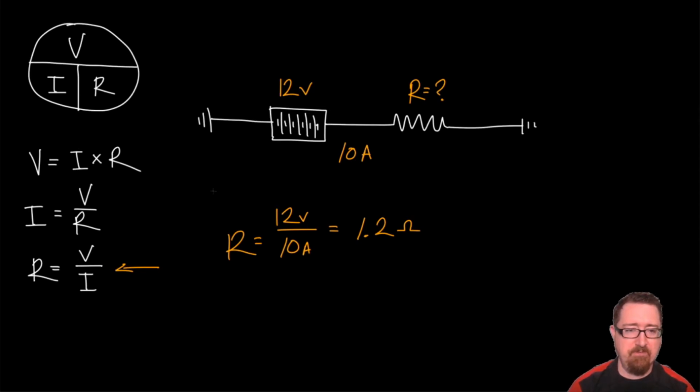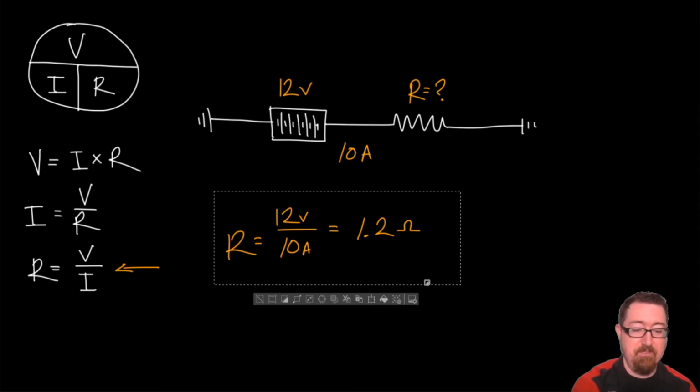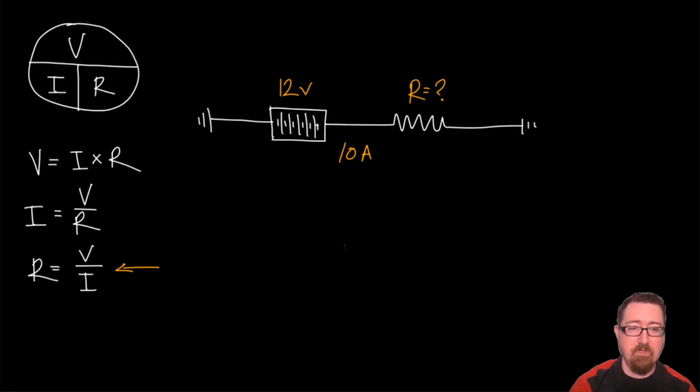Let me go ahead and erase this, and we'll figure out another aspect of this. Let's say we're trying to figure out current on our system. So let's say this is a 4 ohm load. We have 12 volts. What is our current, our amps for this?